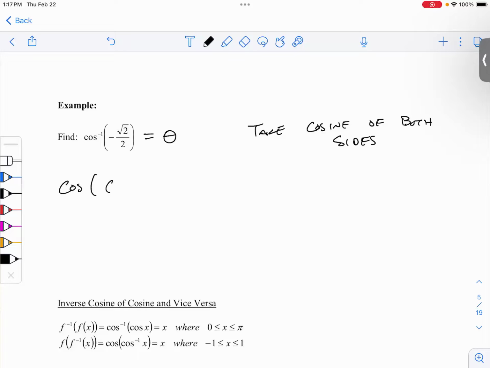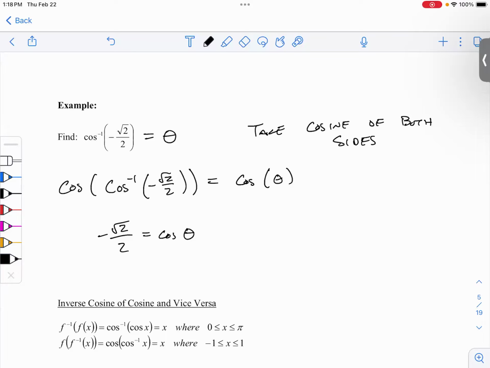So I have cosine of cosine inverse. Cosine of cosine inverse goes away. Gives me cosine theta equals negative root 2 over 2.